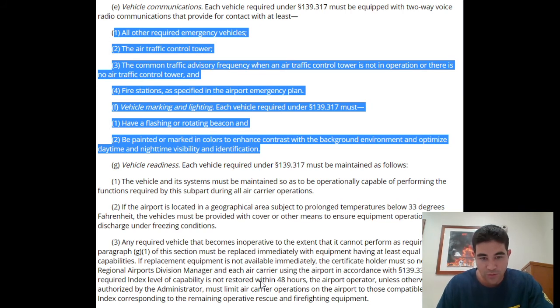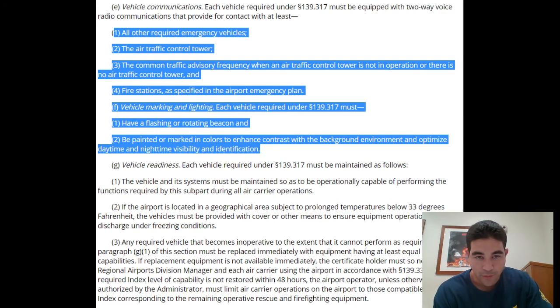But if the truck is not fixed in 48 hours, you have to let the airport division manager know that, you know what, we weren't able to fix the truck, so we are going to have to be lowered with the corresponding index for the remaining operative rescue and firefighting equipment. So yeah, you have 48 hours to fix a truck. If not, you drop down to the next lower index.